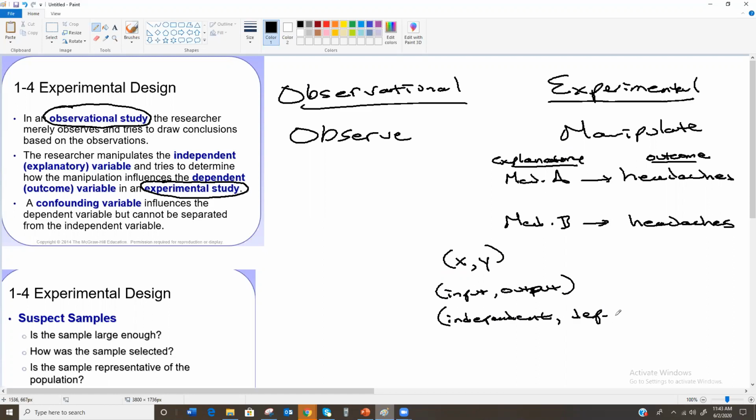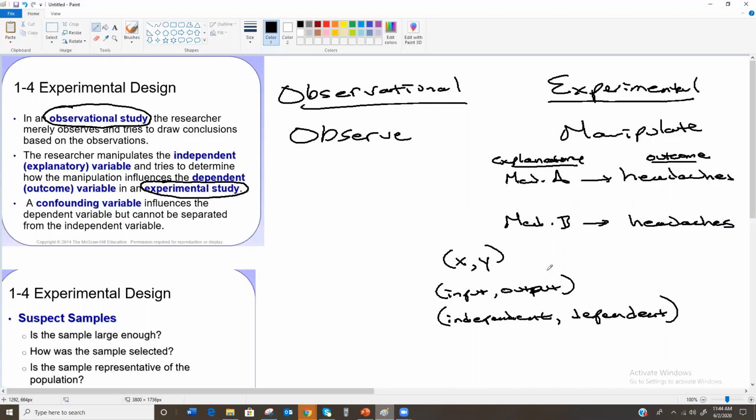These all really mean the same thing. They're just different ways of saying it. This is more of an algebra way. These are more statistical, independent, dependent, or input, output. Does anybody have any questions on that? Okay. So explanatory and outcome, basically, it means the same thing as X, Y, input, output, independent, dependent.